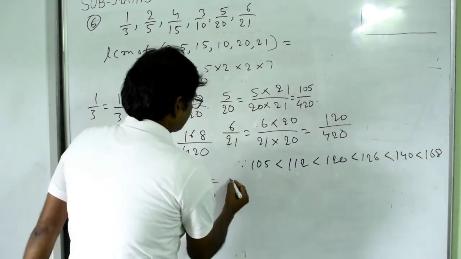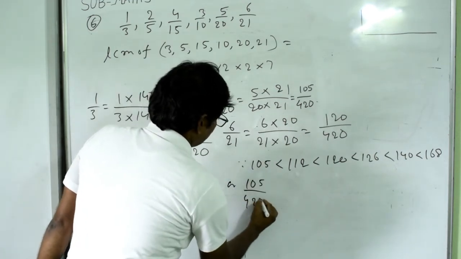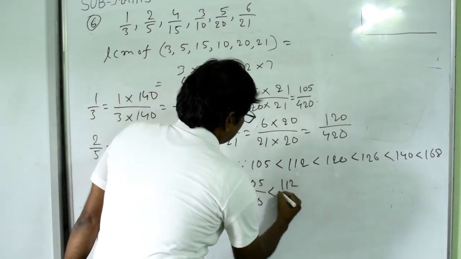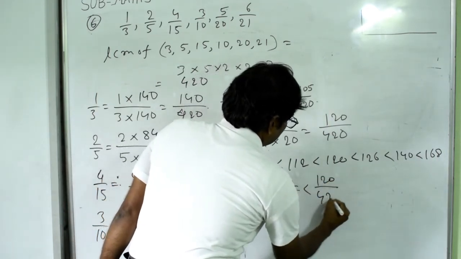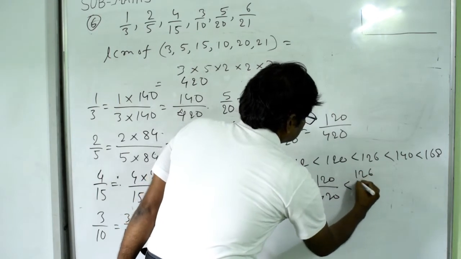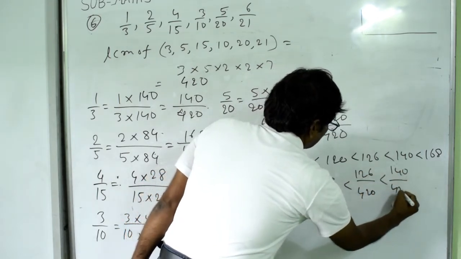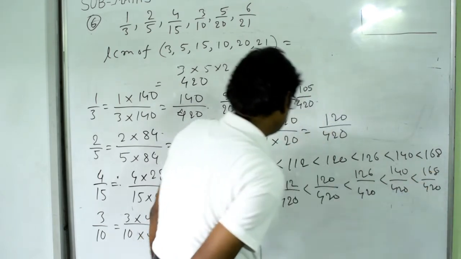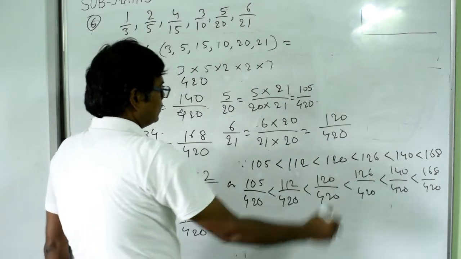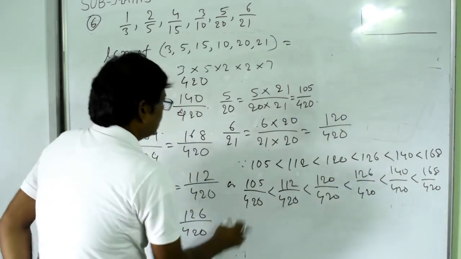It means 105 by 420 is less than 112 by 420, less than 120 by 420, less than 126 by 420, less than 140 by 420, less than 168 by 420. Now we will write the original values.